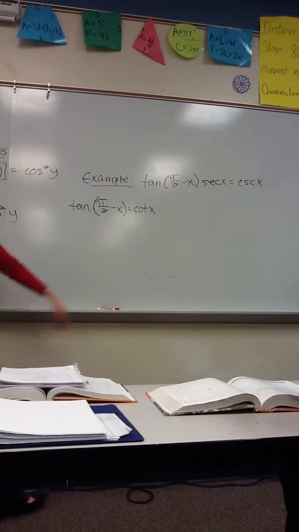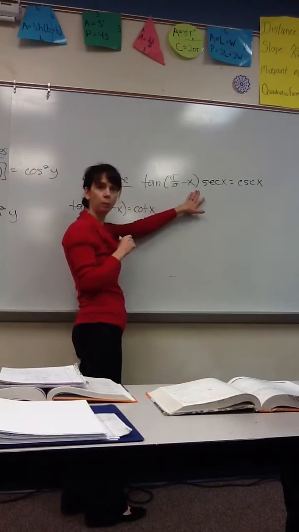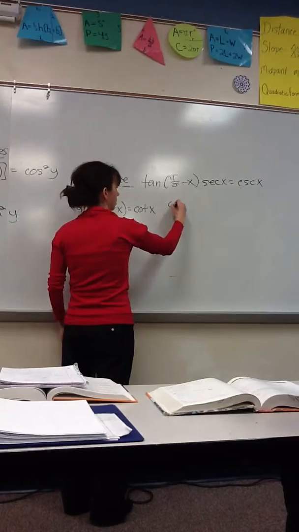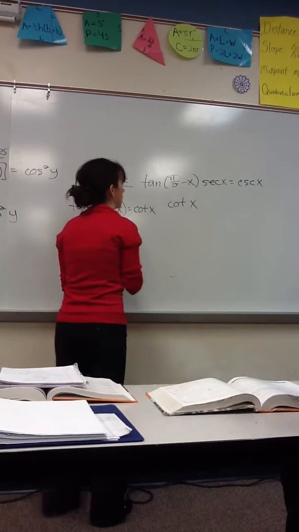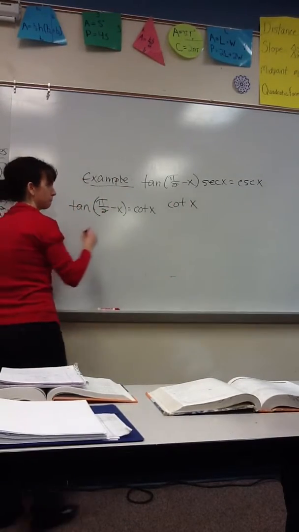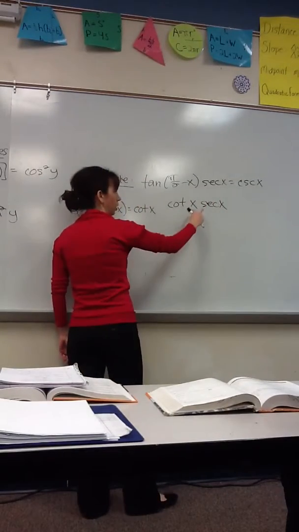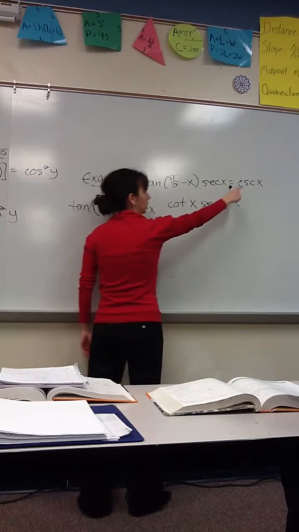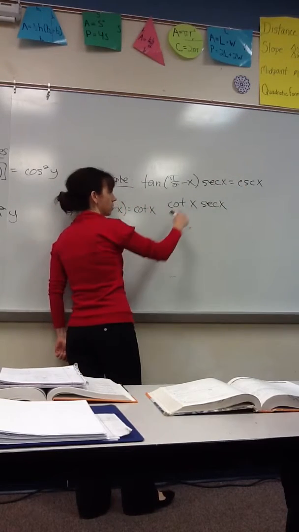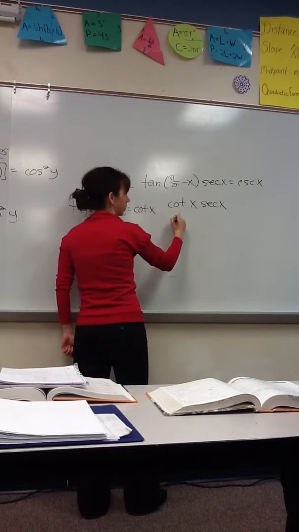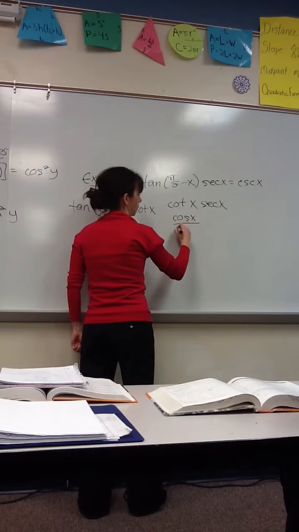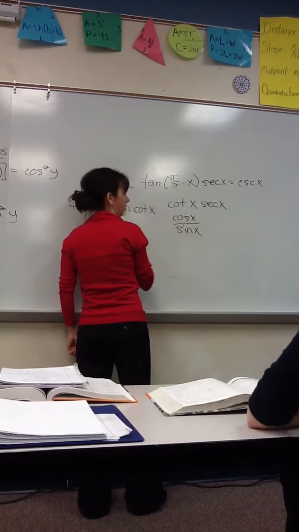All right, so I'm going to take this thing, and I'm going to replace it with that. So really what we have here is the cotangent of x times the secant of x, and we're going to try to make this be the cosecant of x. Cotangent means cosine over sine. So we have the cosine of x over the sine of x.